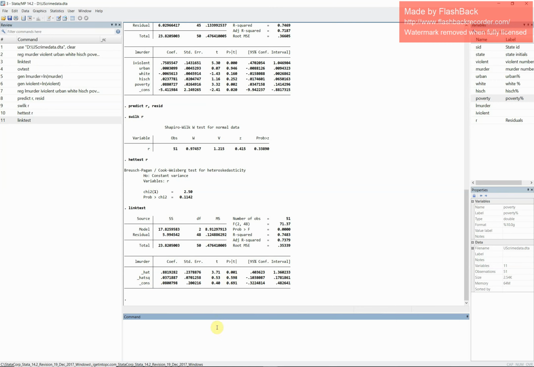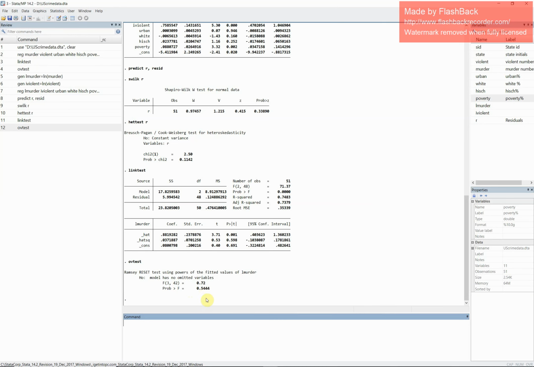So here, again, by converting two variables, we have been able to correctly specify our model. Let's test for omitted variables. And here also we find that there is no problem of omitted variables.